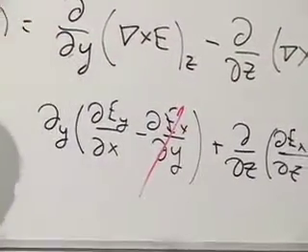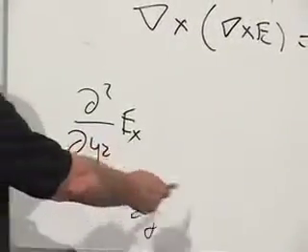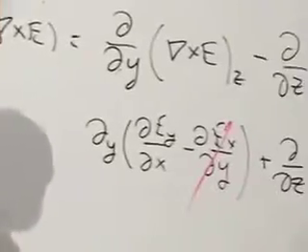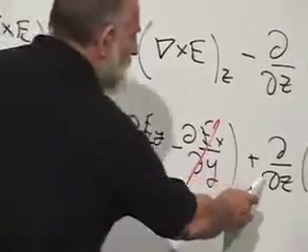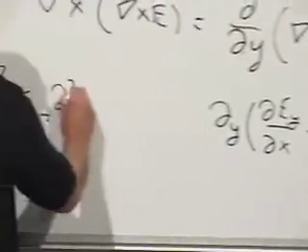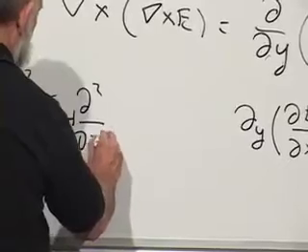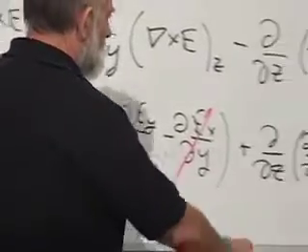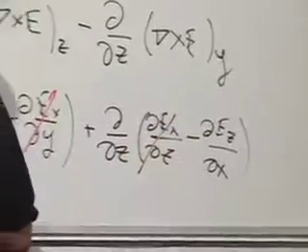That's d by dy squared, two derivatives with respect to y of EX. And we have two derivatives with respect to z of EX, the second derivative with respect to z squared of EX. That's this.